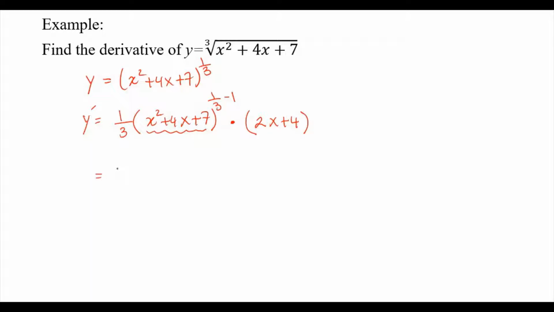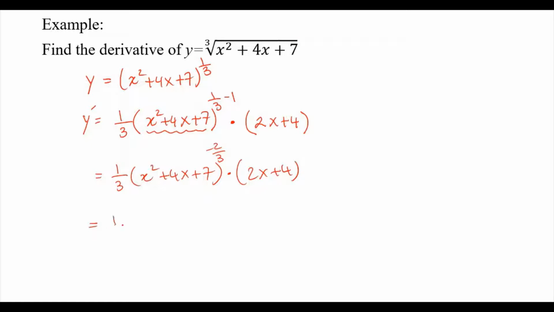Now we're going to simplify that. So 1/3 of x squared plus 4x plus 7, 1/3 minus 1 is negative 2 over 3, times 2x plus 4. We have a negative exponent. It goes into the denominator with a positive exponent, and then we can turn it back into a radical form.